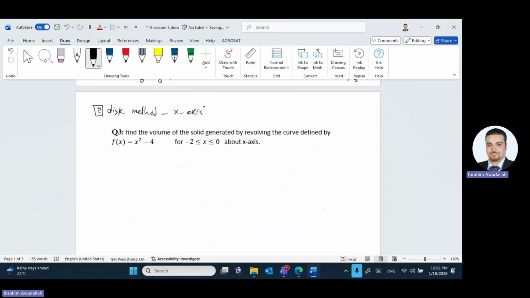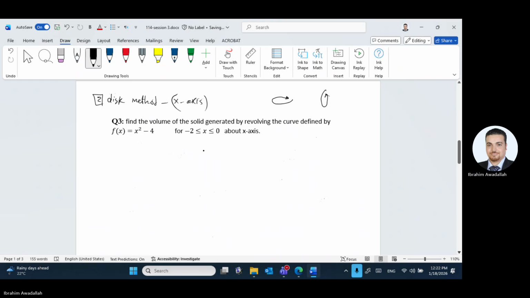With this method, we have the x-axis and we have the y-axis. So my revolving will be on the x-axis like this, or my revolving will be on the y-axis like this. So let us start with the x-axis. Find the volume of the solid generated by revolving. Anytime you see revolving about the x-axis, rotating about the x-axis, if I have one function, it will be the disk method. If we have two functions, it will be the washer method.